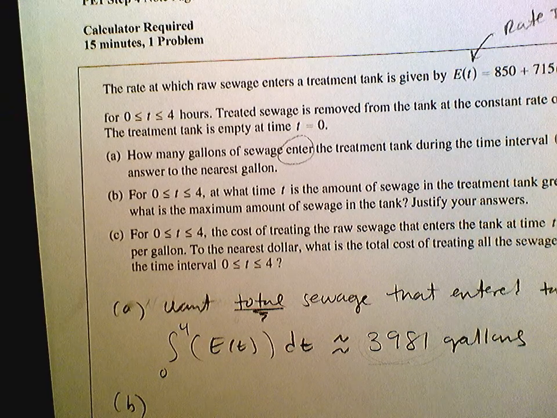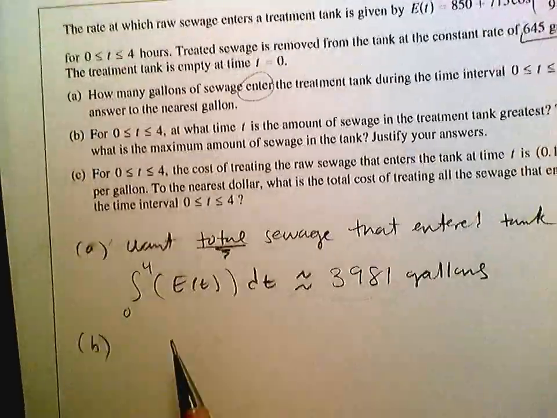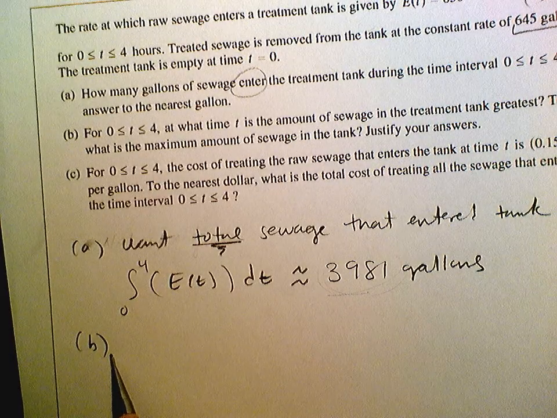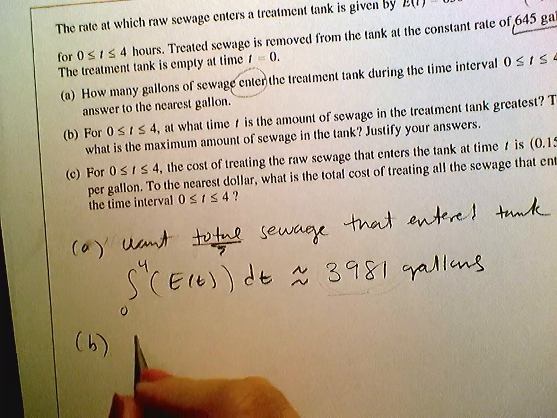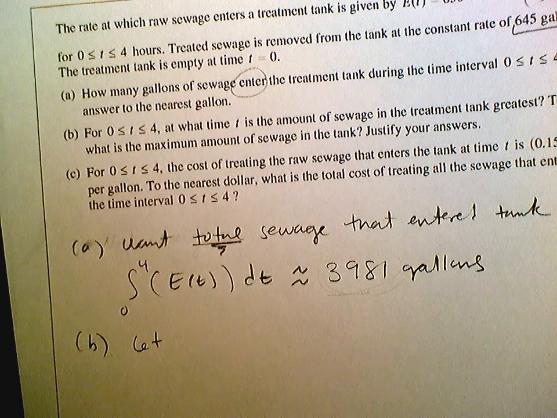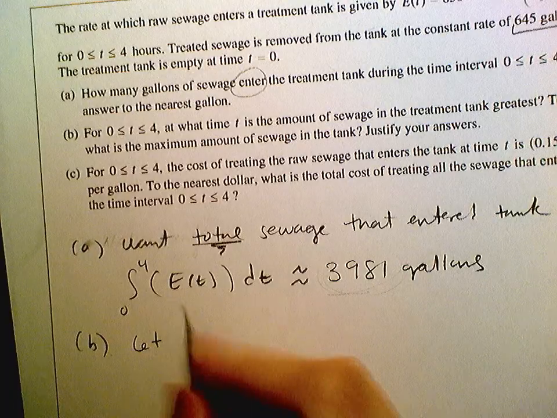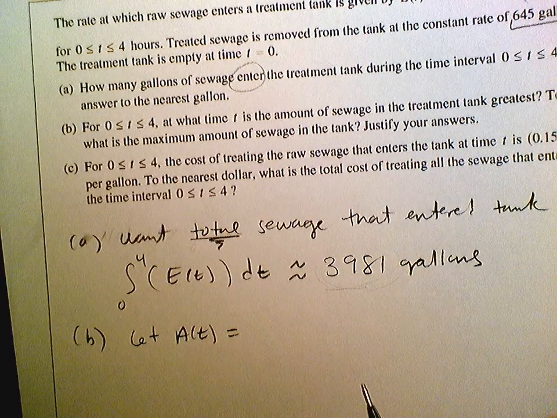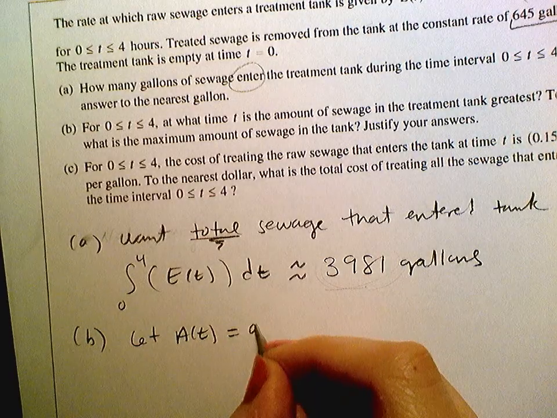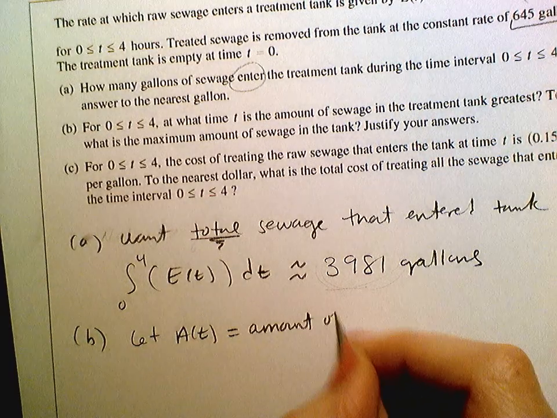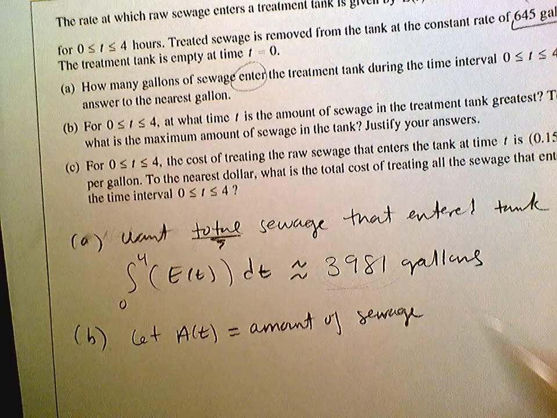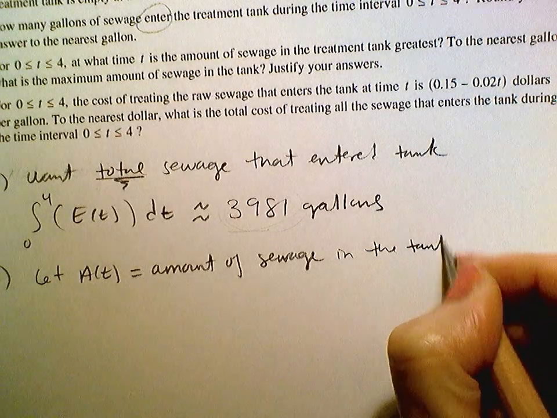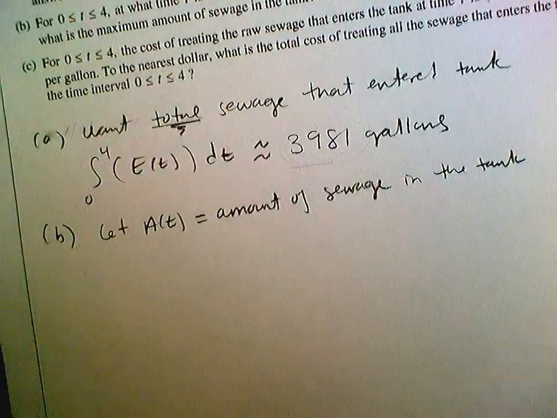Anyway, first let's come up with the derivative, with the rate function. So this is for part B. Did they use A anywhere? I'll say A. Let A of t be the amount of sewage in the tank.